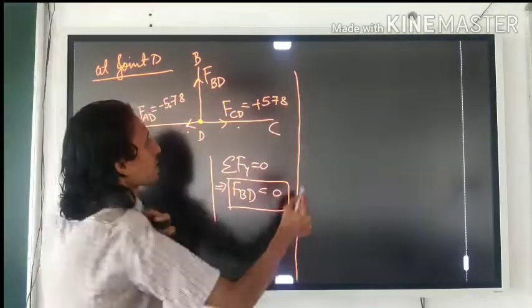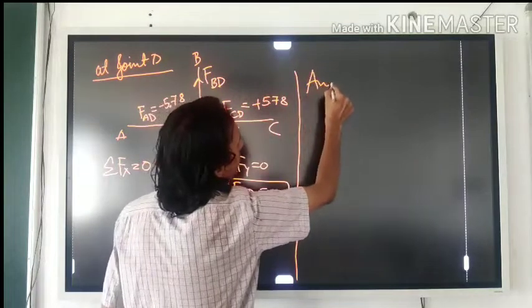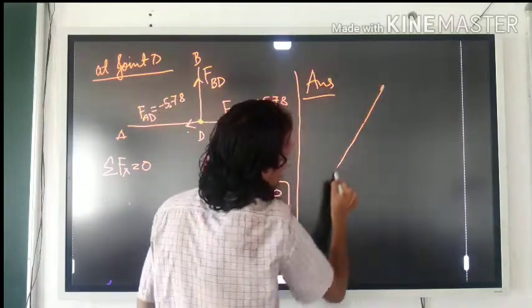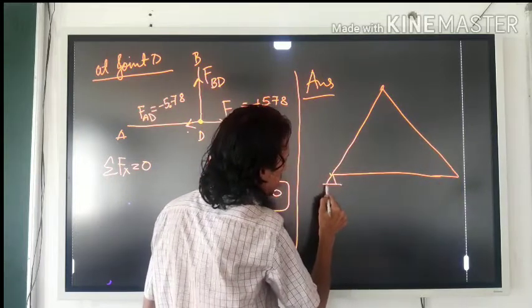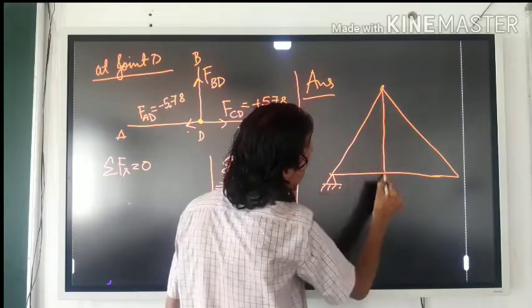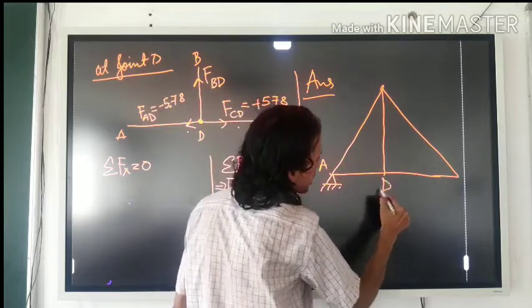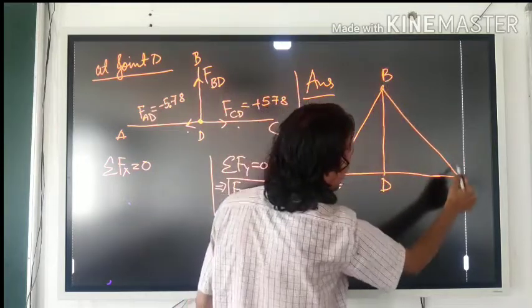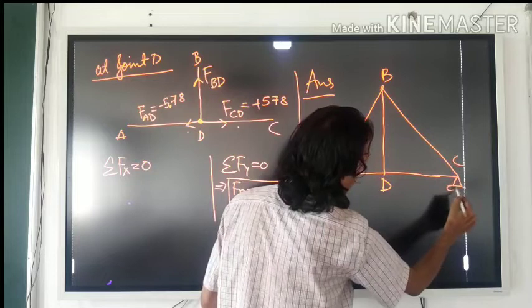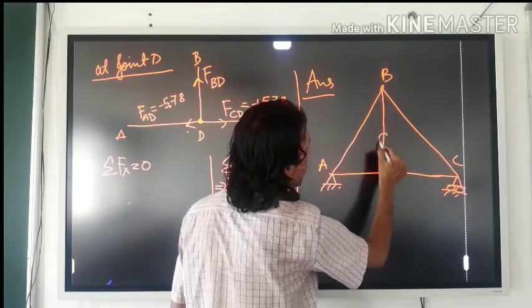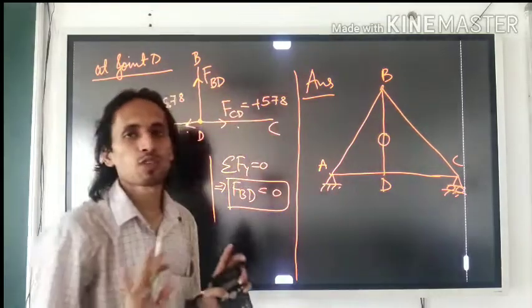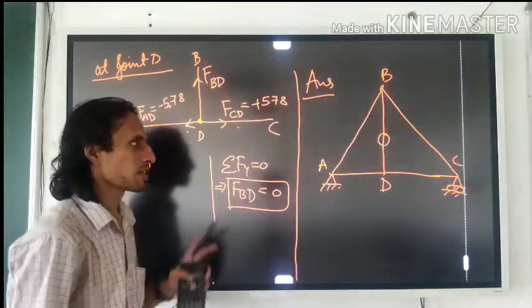So let's write the answer now. What is the final answer? The final answer is like this. This was your initial truss system. This was A, D, B and C. This was a roller support. So this member was a zero member. There was no force in this member, that you have calculated.